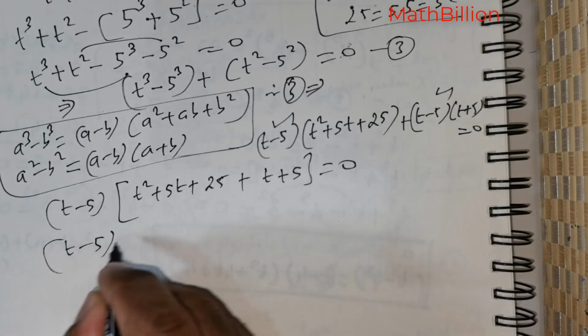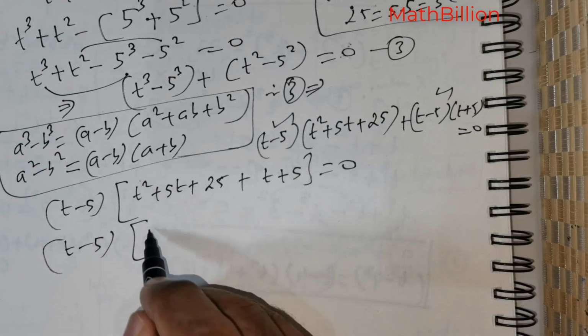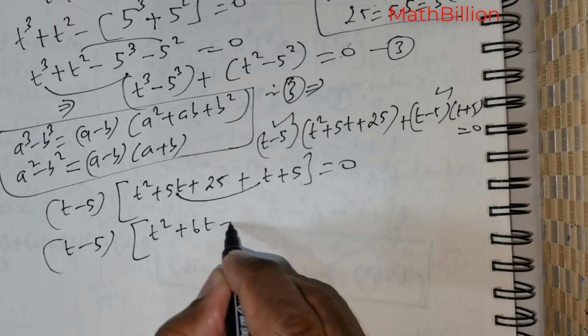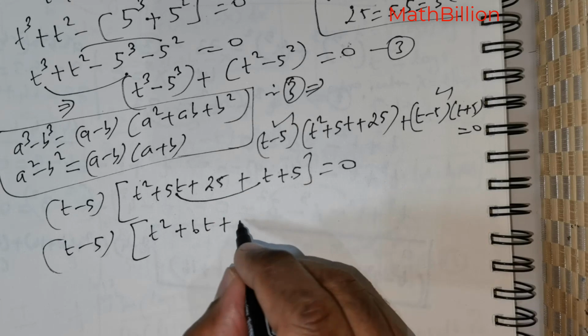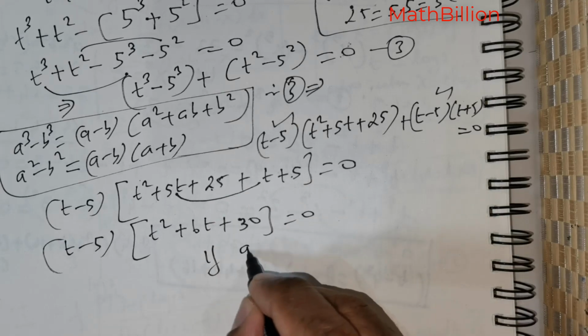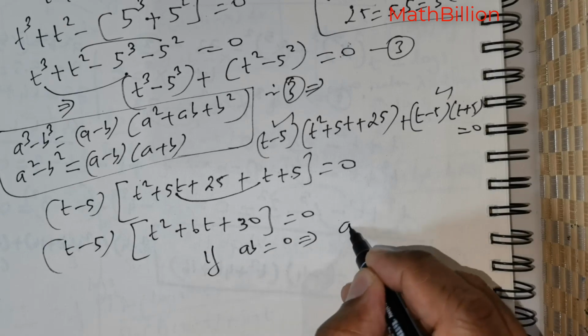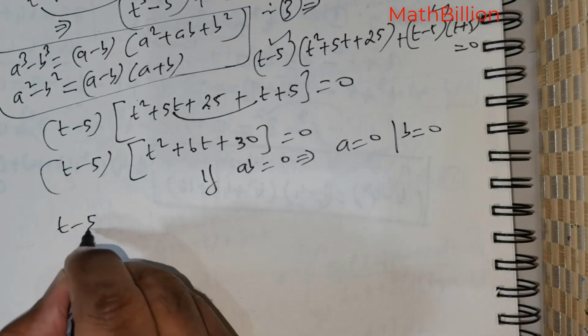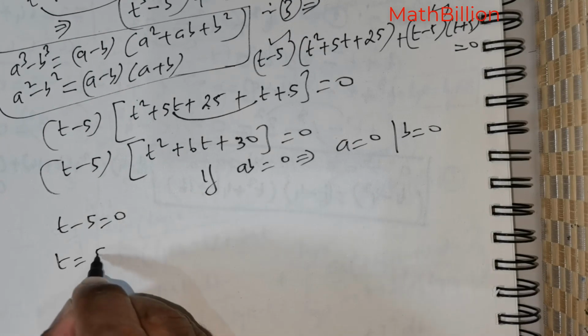This is (t - 5)(t^2 + 6t + 30) = 0. Now if AB is equal to 0, this means either A is equal to 0 or B is equal to 0. So if I take t - 5 = 0, then t = 5.